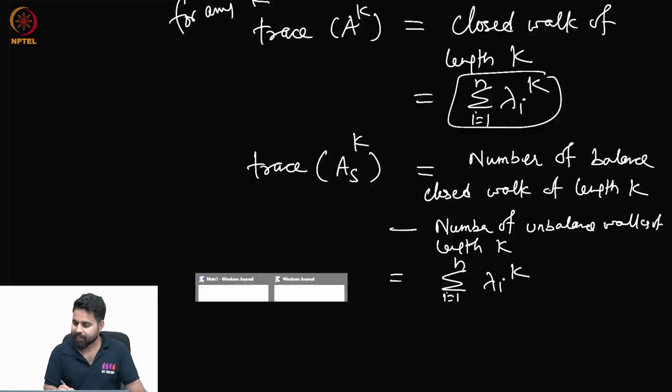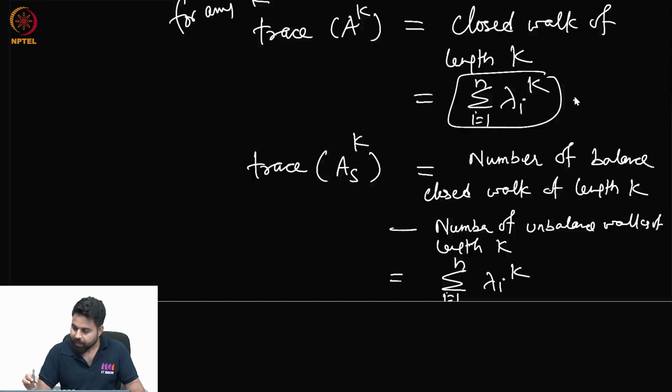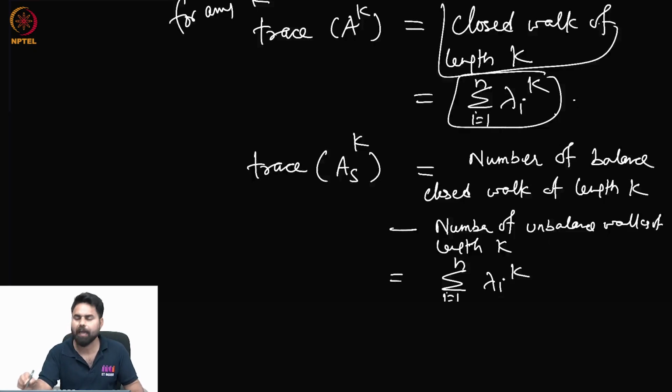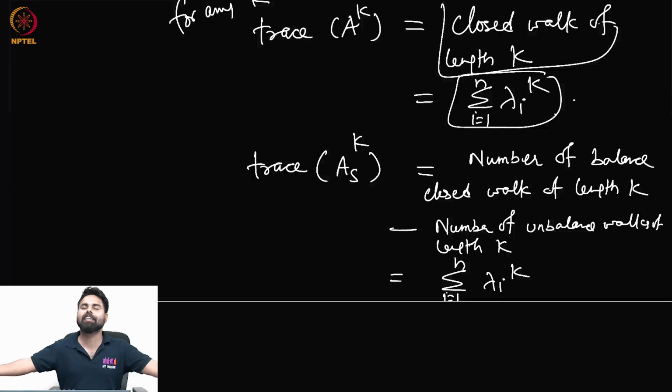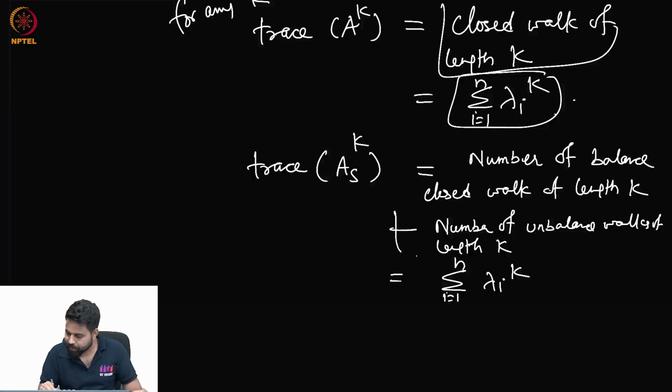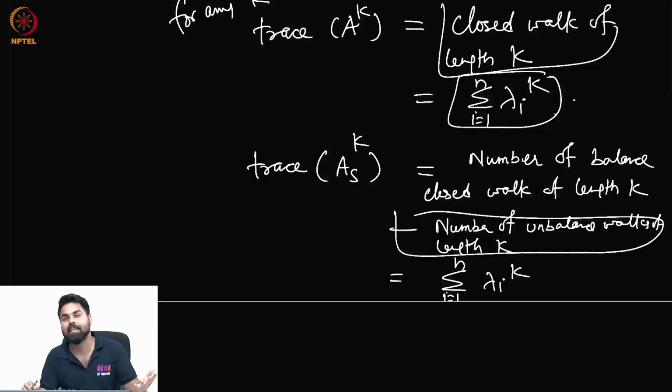Now these two quantities are the same. But every cycle in the unsigned version of the graph is balanced, because every edge is positive. If you equate them, this difference is nothing but 0. There is a one-to-one correspondence between closed walks, but none of the closed walks in the unsigned version is unbalanced.